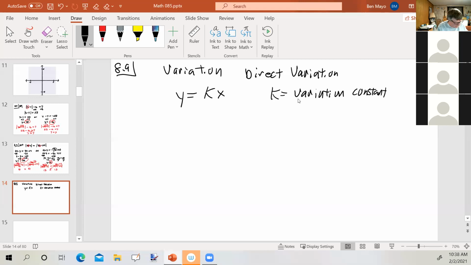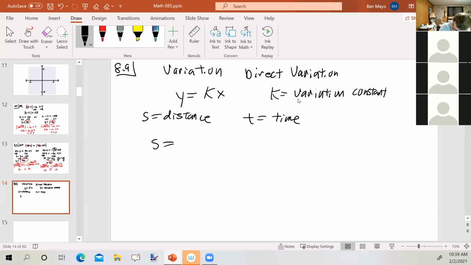All right, so we've got our variables. S is distance, and t is time. It says an object in free fall travels a distance s that varies directly to the square of time.